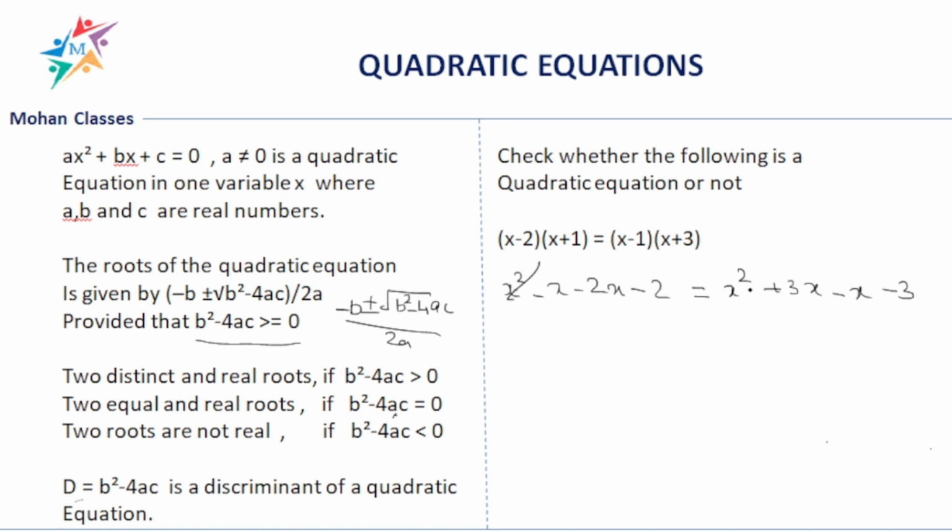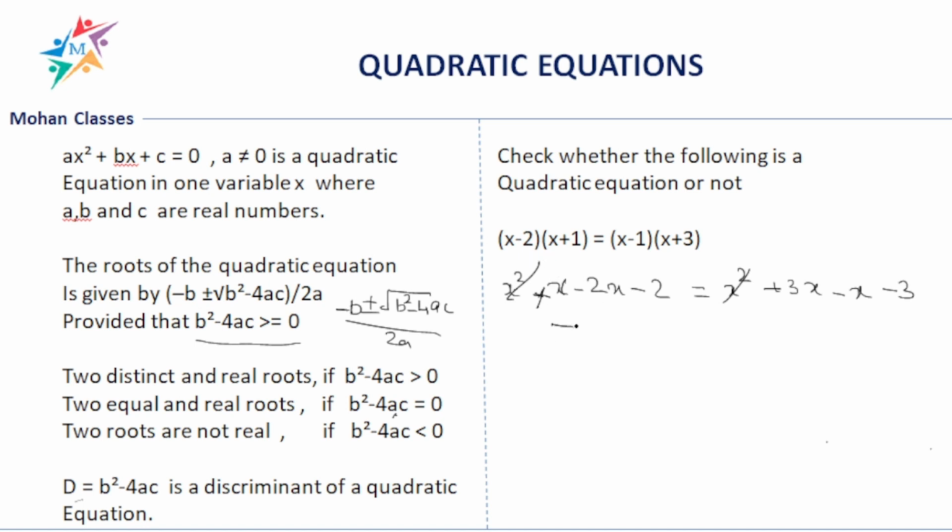So what will you get? x square will cancel. Minus x, right? Sorry. x square plus x, no? It is not minus x, it is plus x. Correct? x square plus x, this is minus 2x, correct.